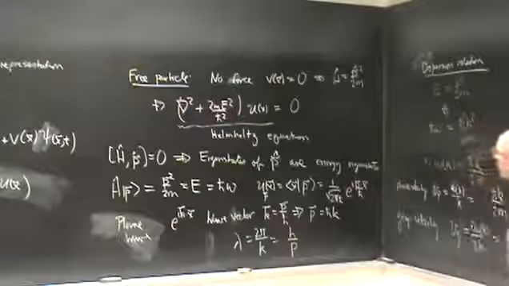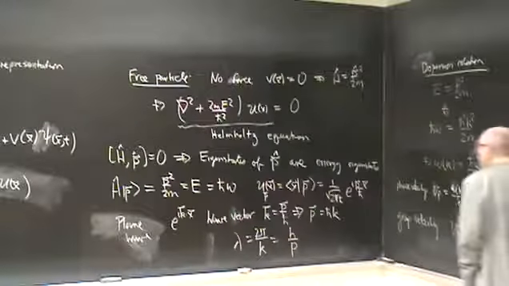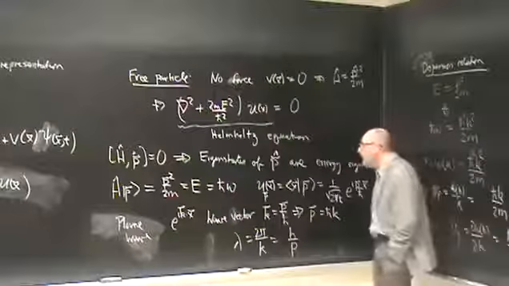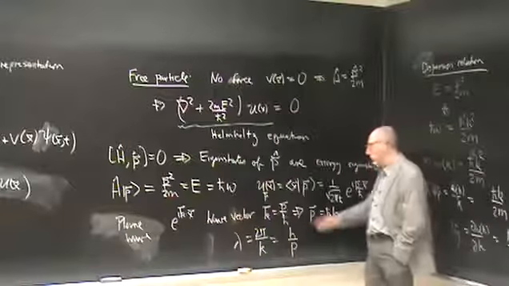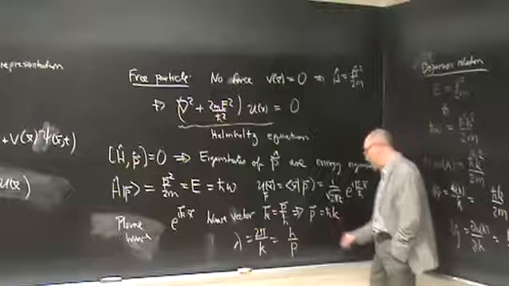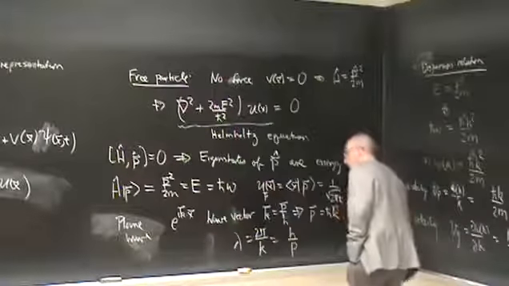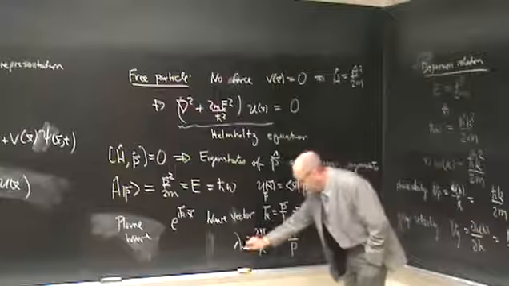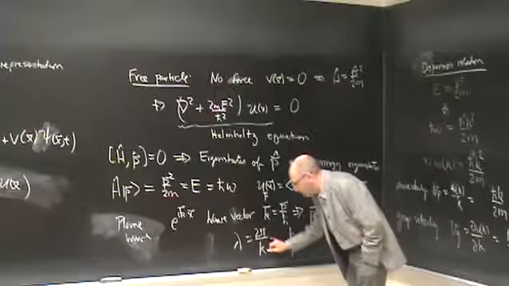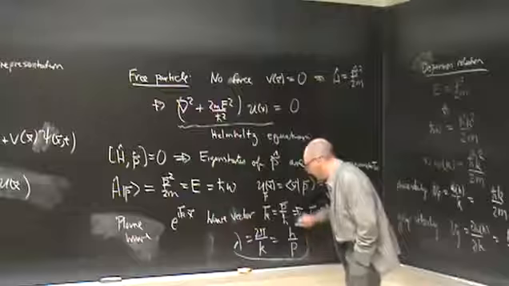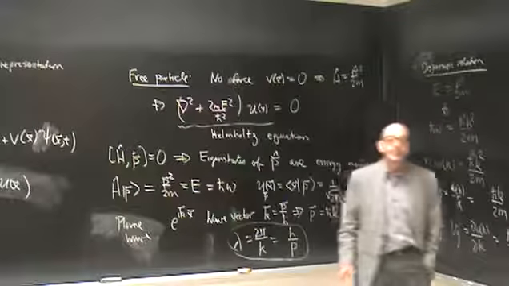And thus we get the de Broglie relationship, which relates the momentum vector to the wave vector. The relationship between the wavelength of the particle and the wave number is here, and that's the de Broglie relationship.